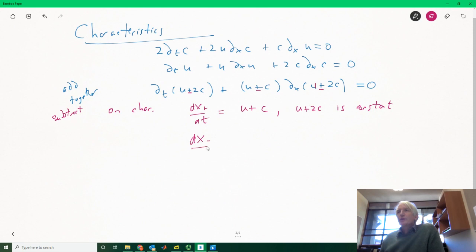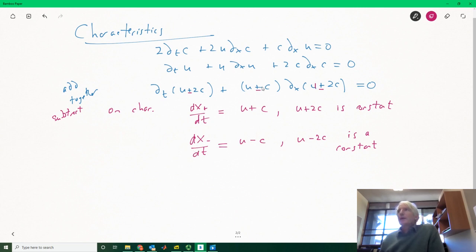And on the characteristics where dx over dt is equal to u minus c, u minus 2c is a constant. So we're far from able to solve the system of equations. But we are going to get somewhere here. We've got to do a few more simplifications, and we're certainly not going to get a formula for the general solution from this. If you just solve this problem by time marching along these characteristics, you've got to be super careful about it.